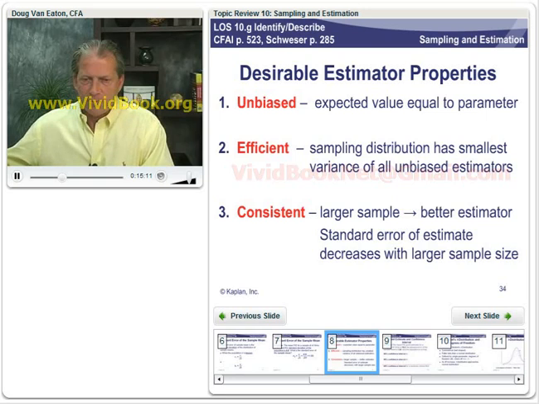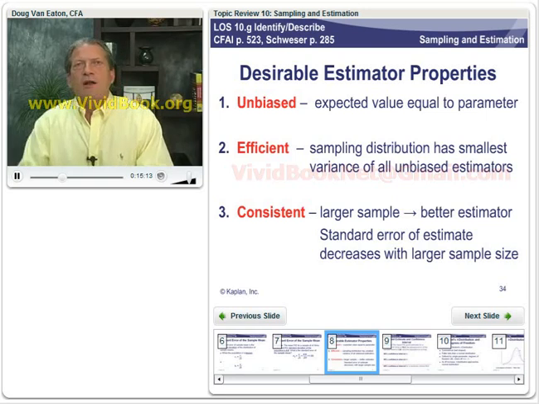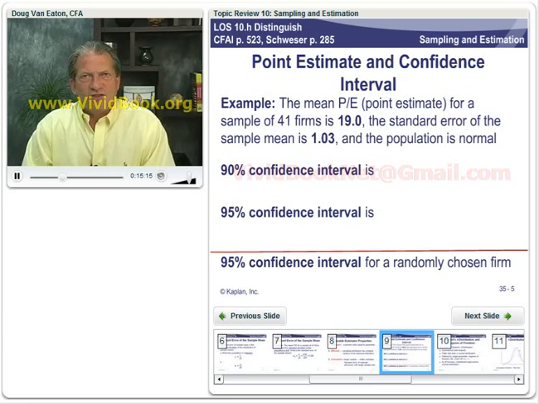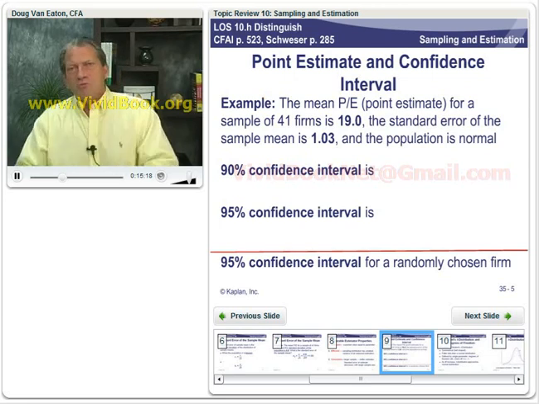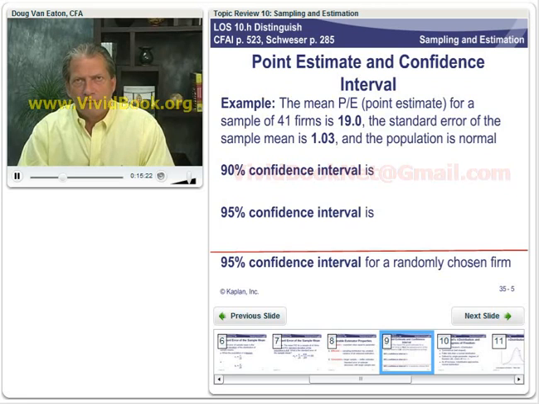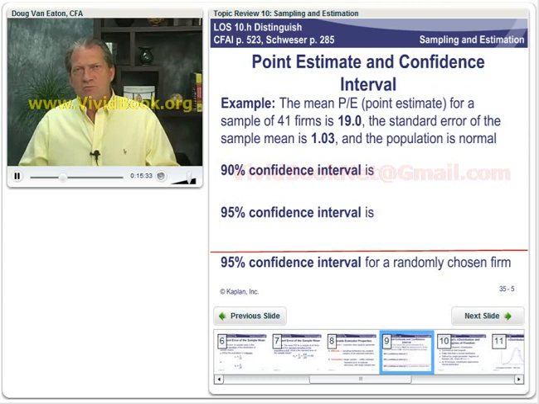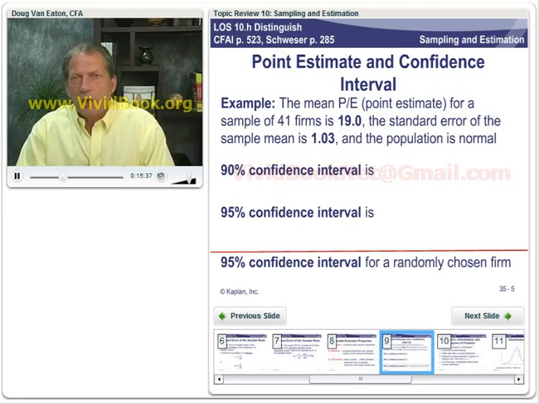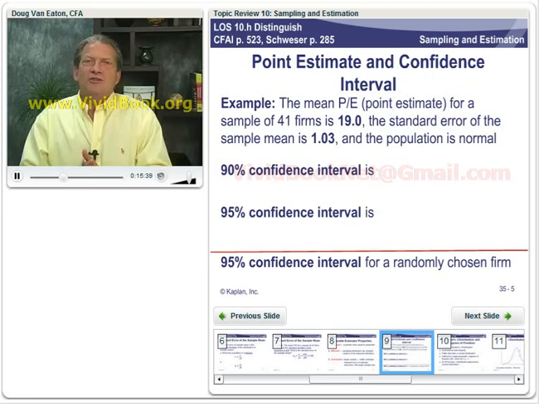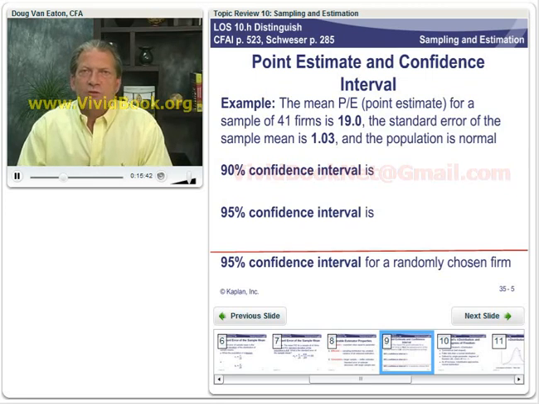Okay, next up for us is to talk about a point estimate and a confidence interval. So remember, we got this sample of 41 firms. The mean is 19. So where do we come up with that? Well, we take a sample of 41 firms and we take the mean price earnings ratio, and that's our estimate of the mean price earnings ratio.